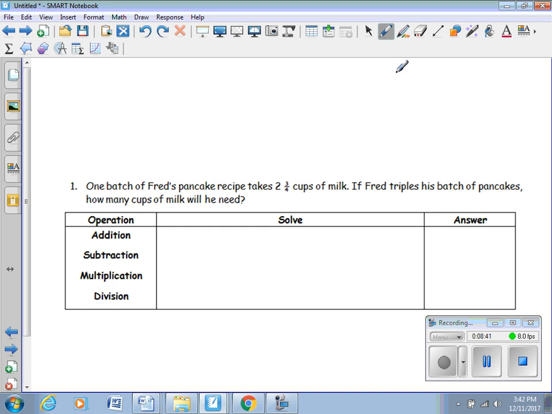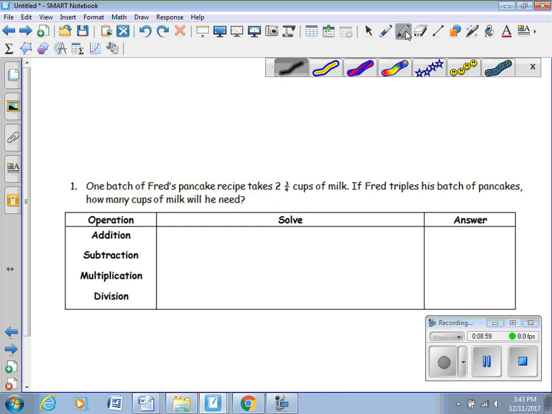Alright. This problem says, one batch of Fred's pancake recipe takes 2 3/4 cups of milk. If Fred triples his batch of pancakes, how many cups of milk will he need? I could do this 2 different ways. But first, we need to look at our important words.